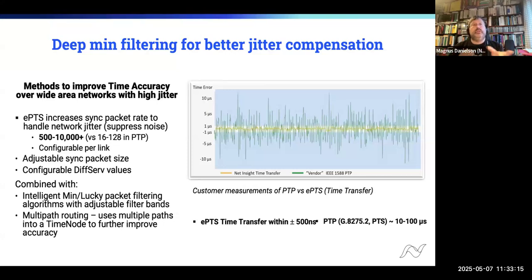Being able to do that, we are able to find the optimum for this particular link. And as we do the minimum filtering, with adjustable filter bands, etc., we do the multipath routing that I talked about. All these combine to push things in this direction.